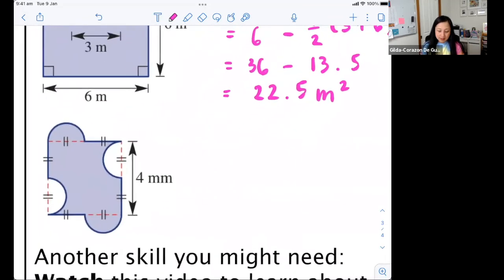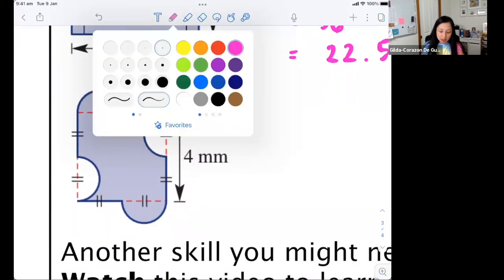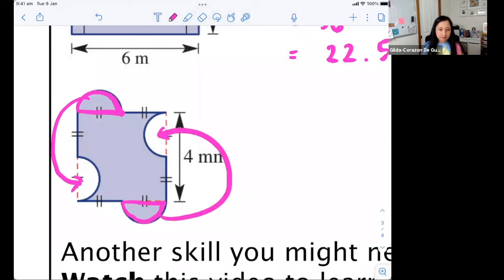Now, how about this one here? Are we adding them or are we subtracting them with this one? Have a think. What strategy could you probably use here? You could probably say that you would want maybe this semicircle to move to this bit here, right? And then this semicircle moves to that bit there, yeah?